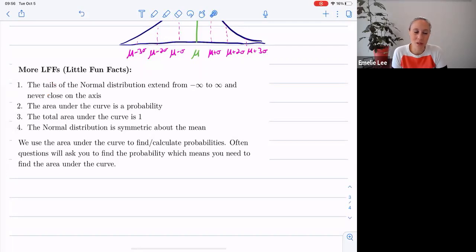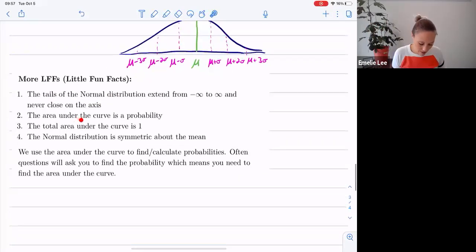So just a couple more things that we need to remember is that the tails of the normal distribution actually extend, they keep going to negative infinity and positive infinity. The area under the curve is a probability. And so that's how we're going to be calculating probabilities, is finding areas under the curve. And then the total area under the curve is 1.